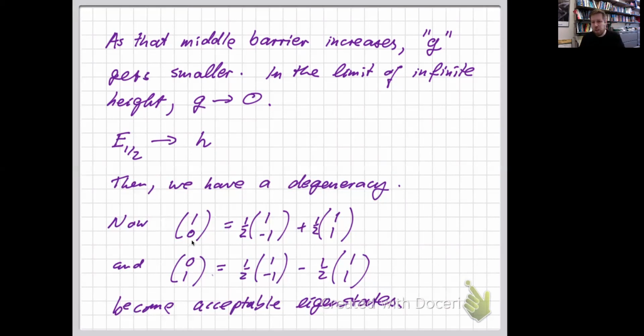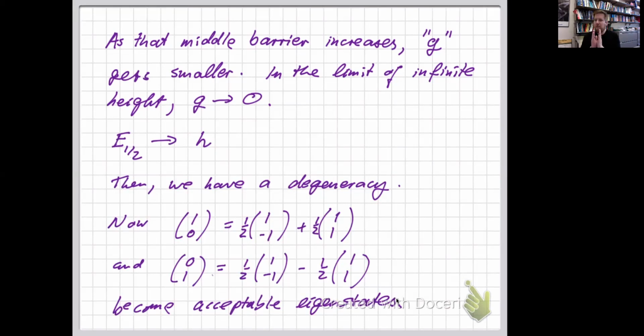So we can say that 1, 0 does actually become a suitable energy eigenstate, but only when you have this degeneracy, and only when that barrier in the middle goes to infinity, such that the off diagonal element G goes to 0. Okay, so 1, 0 and 0, 1 become acceptable energy eigenstates.